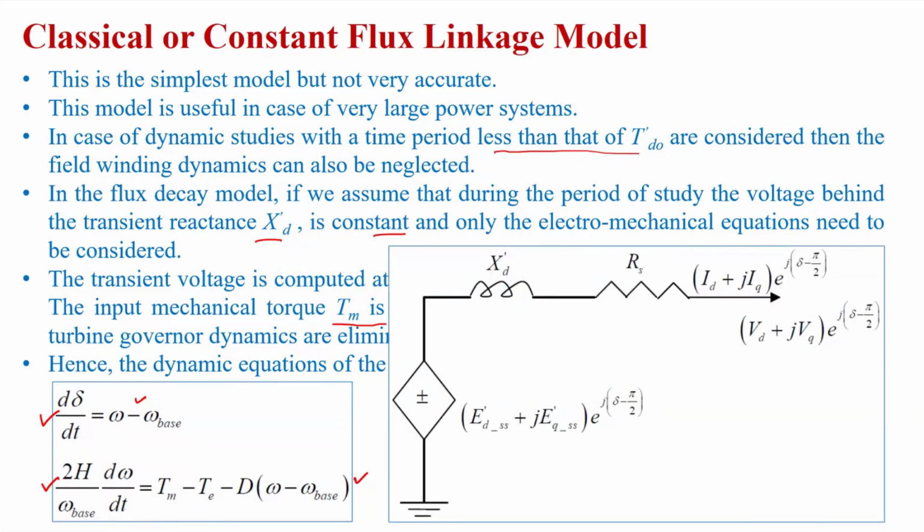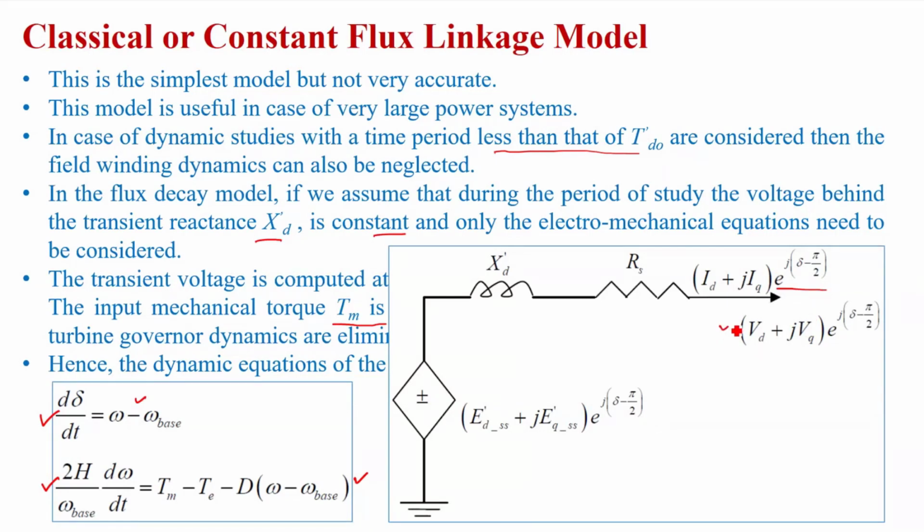This is the classical model, and this is the equivalent circuit we already derived. The d-axis and q-axis parameters are referred to the common reference frame by multiplying with e to the power j(delta minus pi by 2).